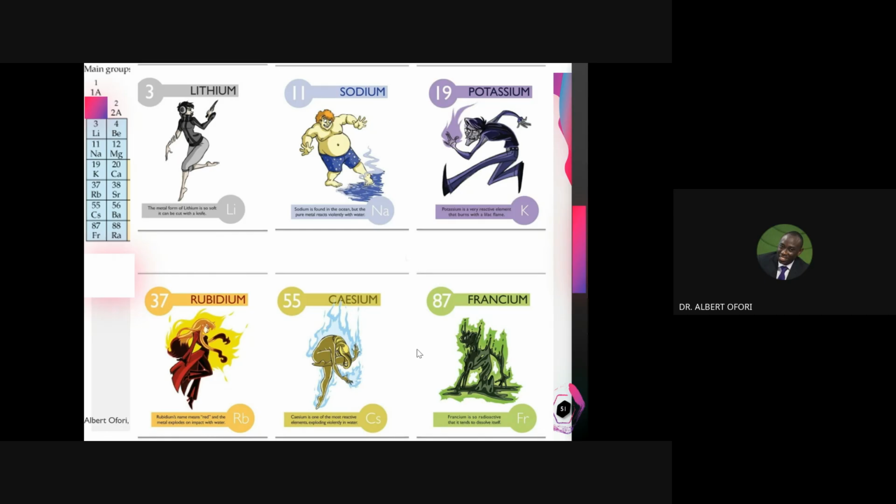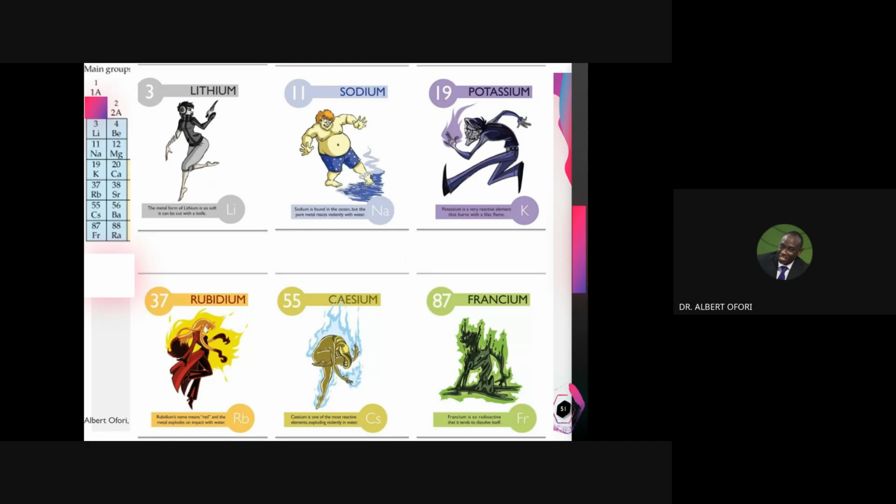Please, not in general, because we've seen that some women are very hard, but in general women are very soft, except a few. That's lithium, the metal which is so soft that you can cut it with a knife. It's a metal, but it's so soft you can easily cut it with a knife.